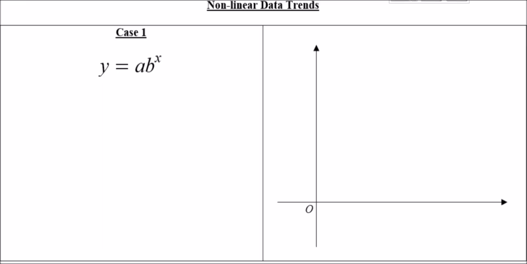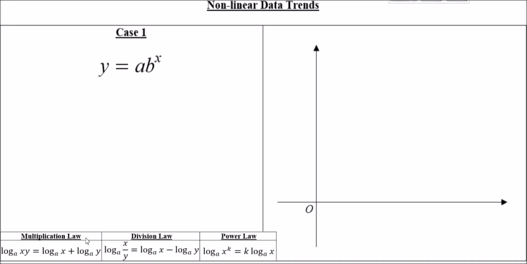So let's just put this into action. Generally speaking, if we've got y equals ab to the power x, let's remind ourselves of these log laws. For any general a and b, take logs of both sides. We get log y equals log of ab to the power x.